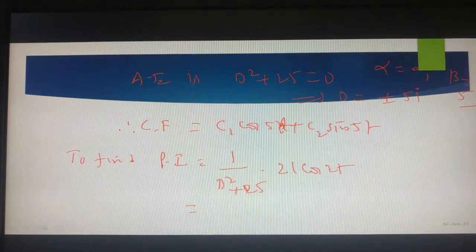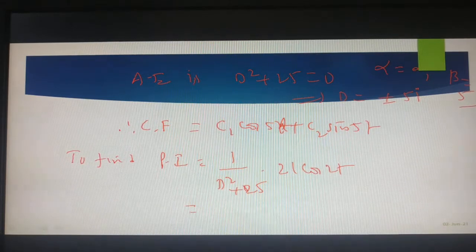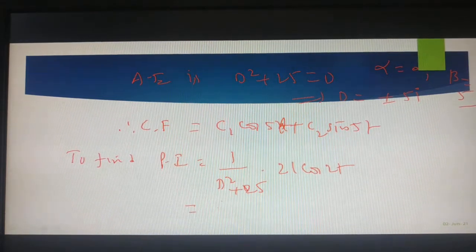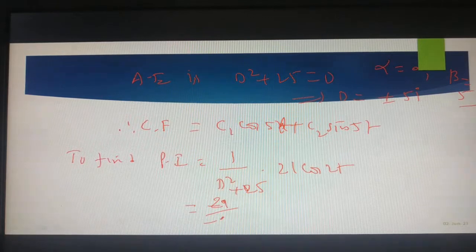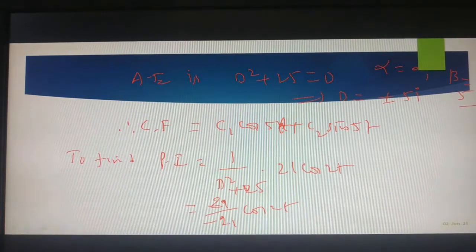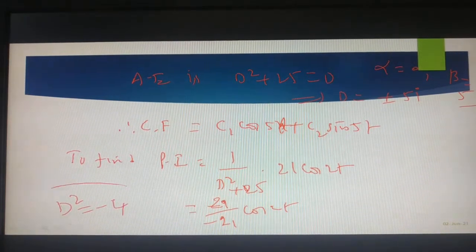Square it, 4. Then give the sign, that will be minus 4. So 1 by minus 4 plus 25, so 21 is there in the numerator, and in the denominator, (minus 4 plus 25) into cos 2t. So how did I get this in the denominator? We have to replace D square with minus 4.